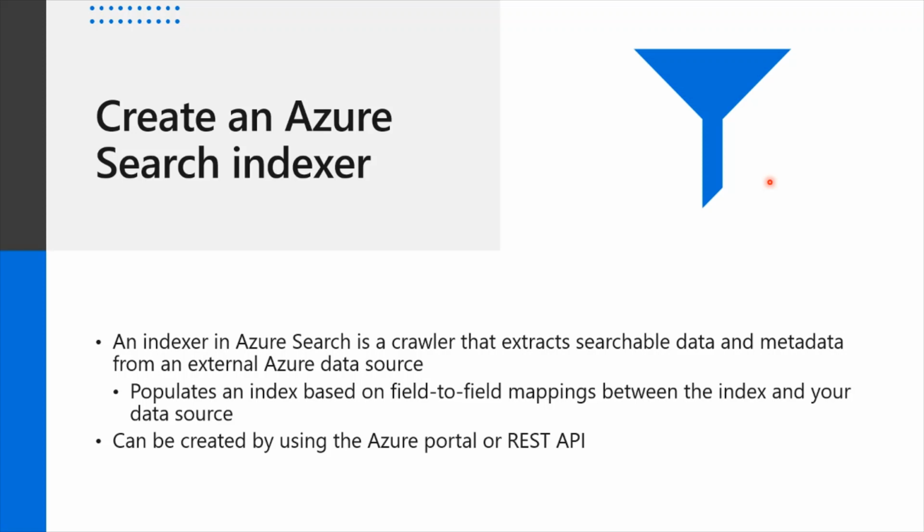You can run indexers on demand or on a recurring data refresh schedule that runs as often as every 15 minutes or 30 minutes, whatever. It can be created by using the Azure portal or REST API.